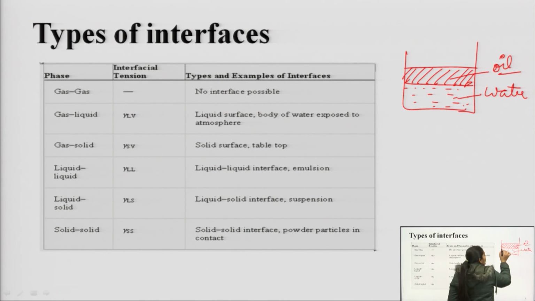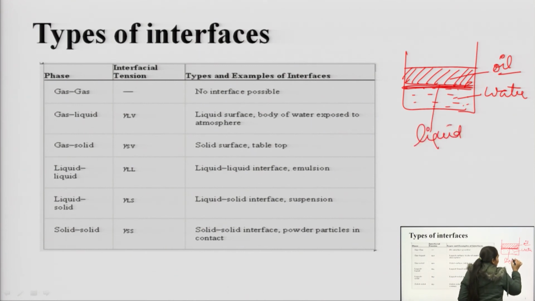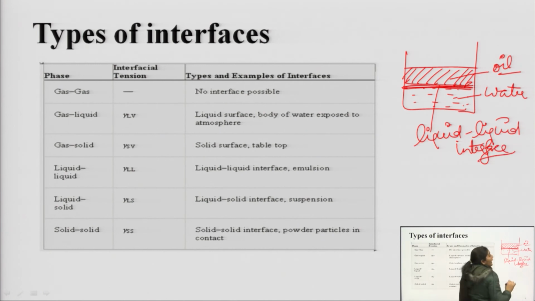So, the interface that exists between these two phases is known as the liquid liquid interface. As oil is not miscible with water, it will form a layer over the water. Okay. So, there will be an interface between these two liquids.